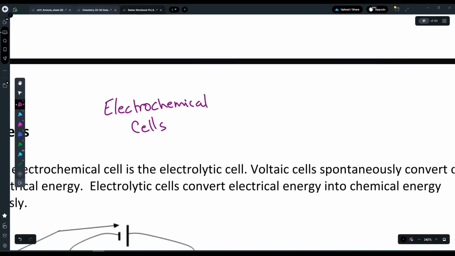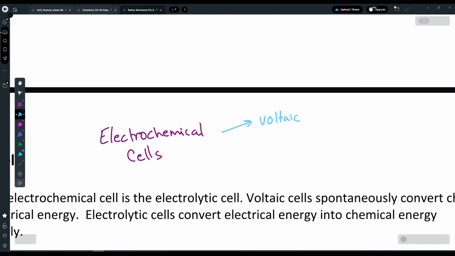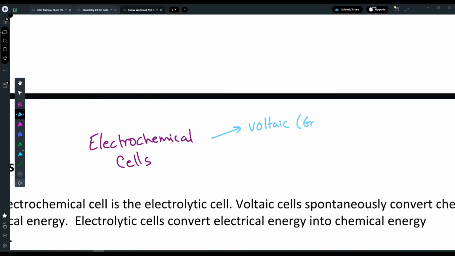So electrochemical cells, that's like the overarching or the big umbrella term, and then we can split it up into voltaic, which is sometimes called galvanic, and then electrolytic.